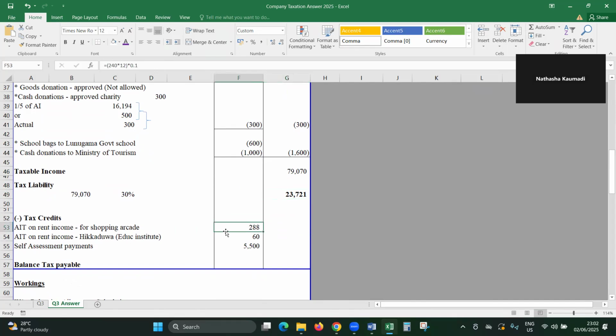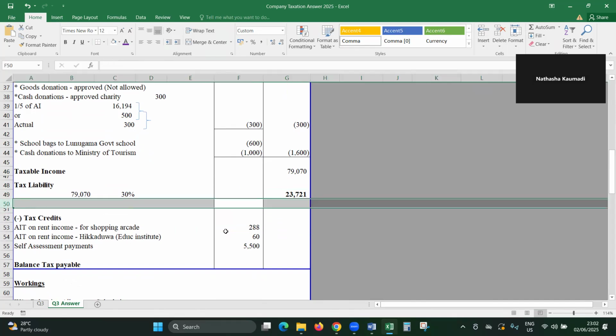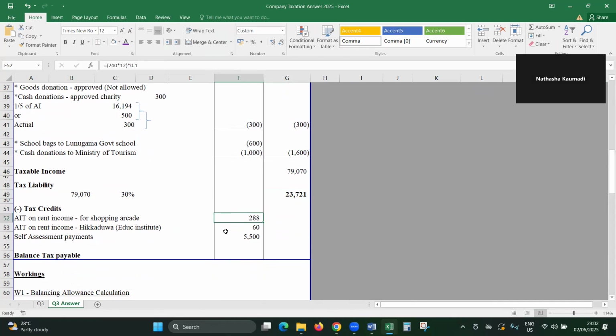However, you have already made some payments, like 280 WHT, 60 WHT, 5,500 WHT, likewise. What is the total of these? You have already paid 5,848. So 23,721 minus 5,848 is 17,873. That is the balance tax payable, and that is the answer.